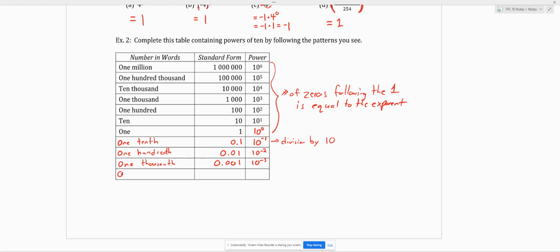And let's just go one more for fun. 1/10,000th is going to move me over one more. So we're getting smaller and smaller when we divide by 10, which makes sense. Every time you divide by 10, you're going to get 1/10 of what you had. And so all of these have a bit of a pattern. You can think of it this way: the decimal places.